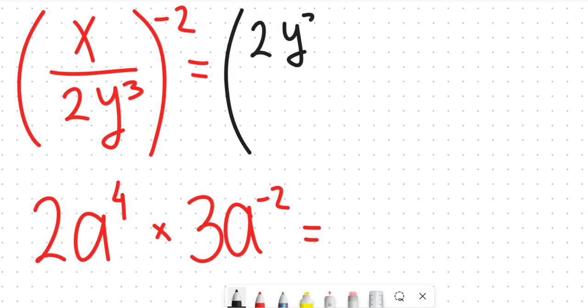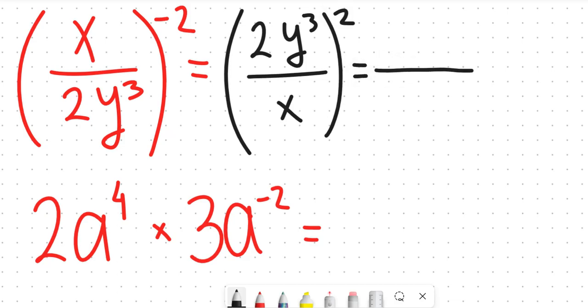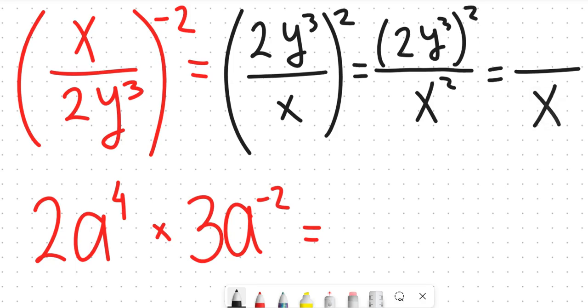So 2y cubed over x, our exponent has become positive. Next step, raise them both to the power of 2. So it's going to be 2y cubed to the power of 2, and it will be x to the power of 2.